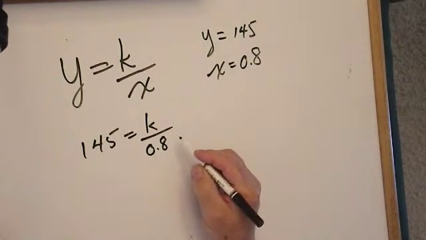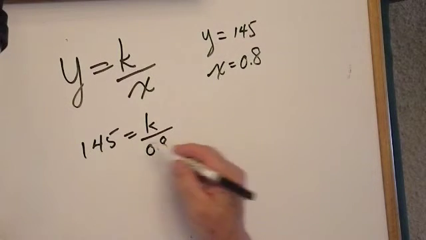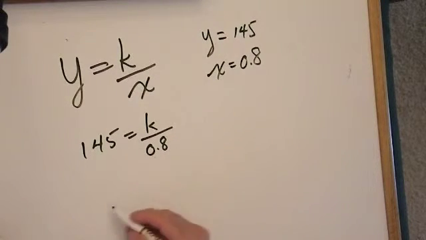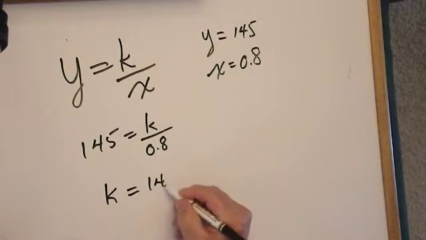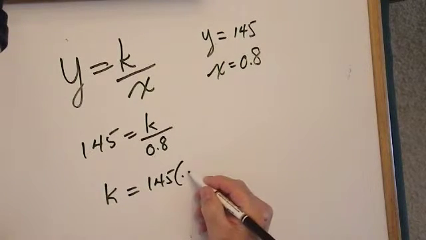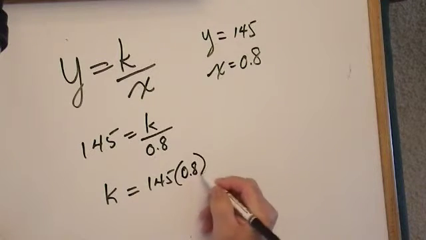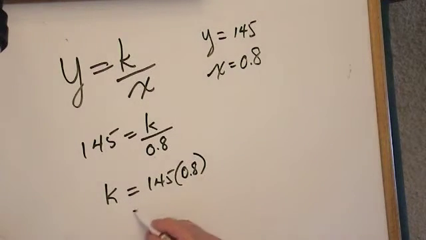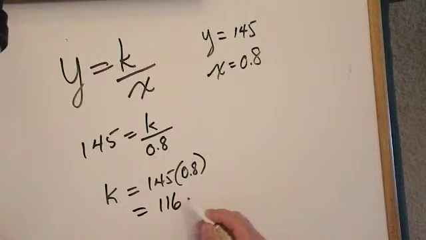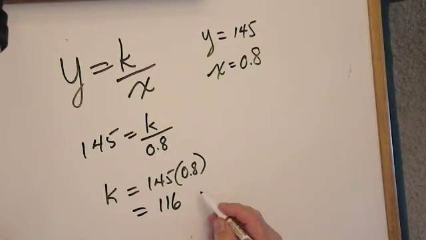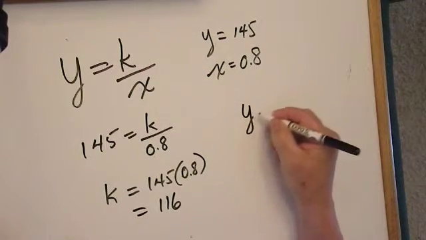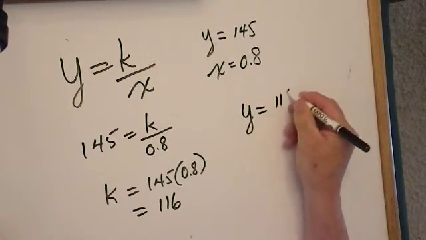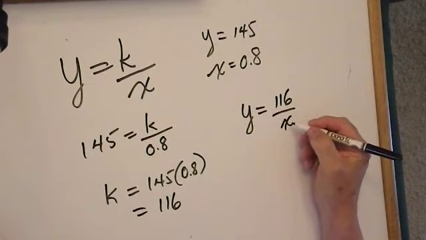To solve that, if you multiply both sides of the equation by 0.8, you'll end up with k equal to 145 times 0.8, and if you multiply that out, that's 116. So now you know that the equation is y equals 116 over x.